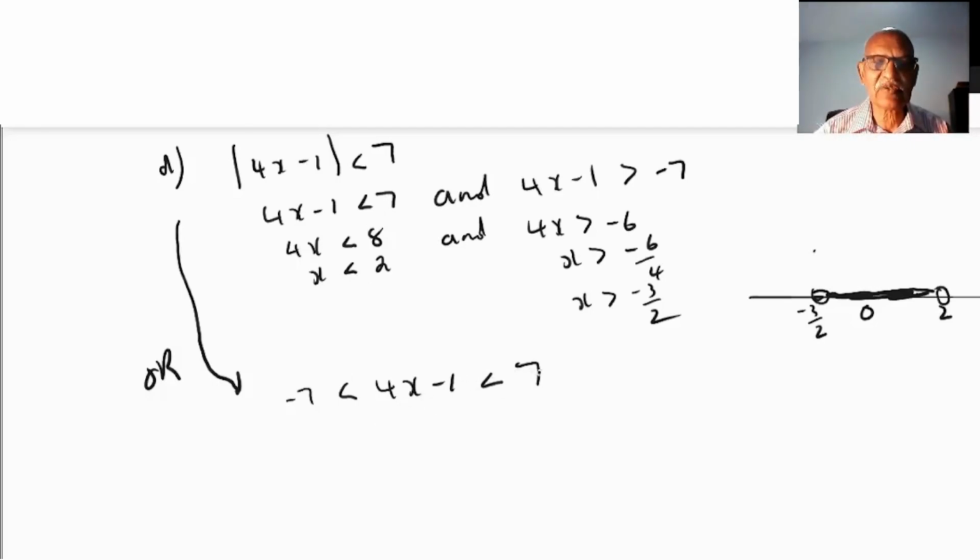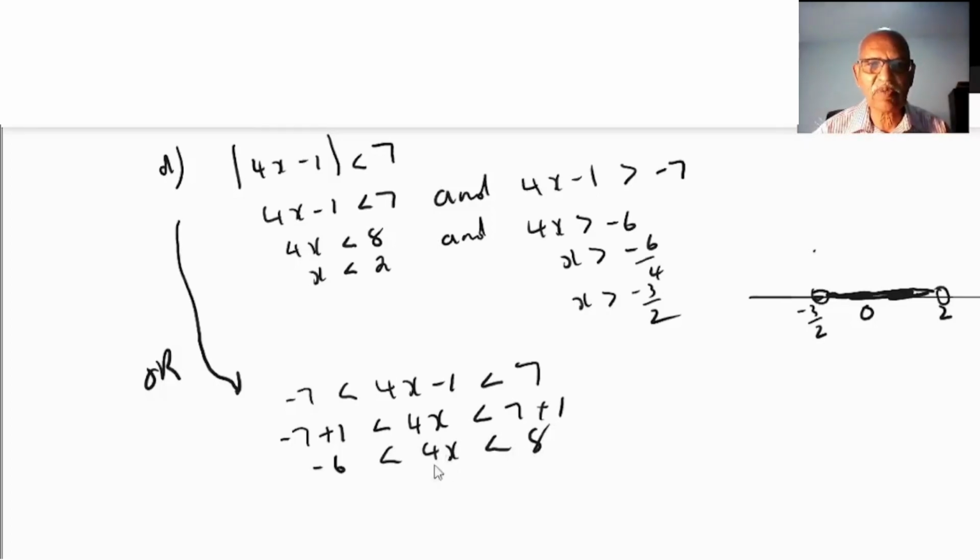Since there are no x's here, I can bring this negative 1 to the other sides. So I will add 1 to each part. Negative 7 plus 1 less than 4x less than 7 plus 1. Negative 6 less than 4x less than 8.